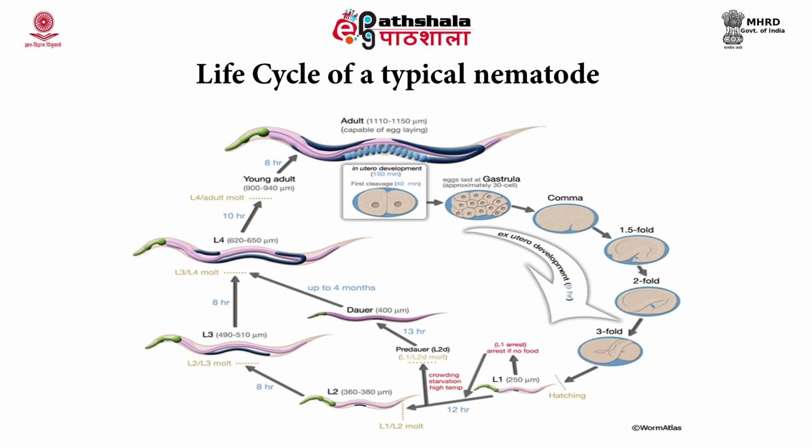Then this is followed by the larval stages, the L1 to L4 stage. The L1 molts into L2, which molts into L3 and which further molts into L4. In case of crowding and starvation or unfavorable conditions, the L1 larva undergoes a rest stage and enters the Dauer formation. The L4 stage otherwise becomes the young adult, and the cycle is completed within almost 3 days.